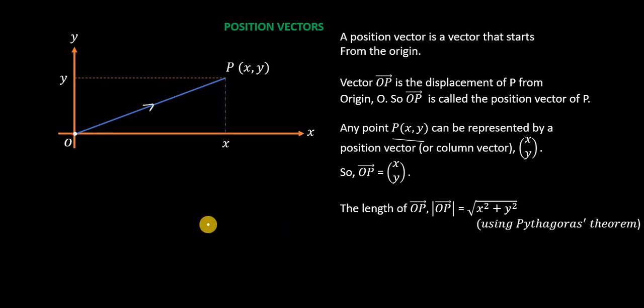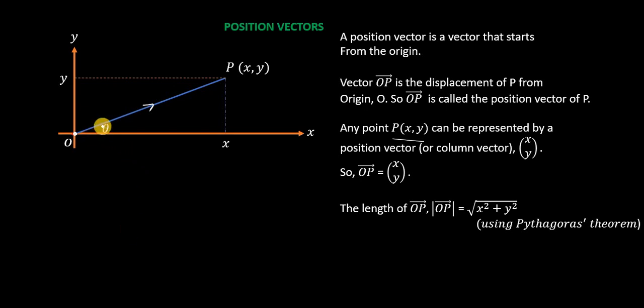Now, if you want to find the length of this position vector, this is how we symbolically represent it. We use two straight lines at either side of the notation vector OP, and we put the equal sign, square root of x squared plus y squared. Now this comes from the Pythagorean theorem. You can check my videos out on Pythagoras theorem. That will help you to understand that concept.